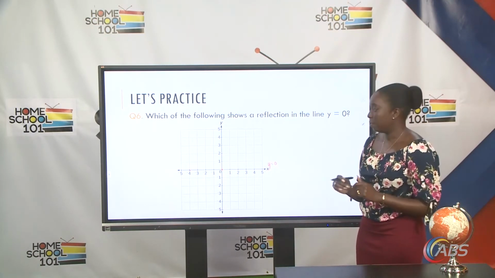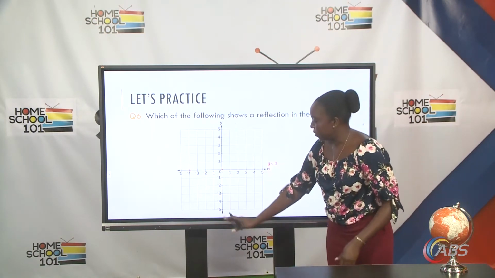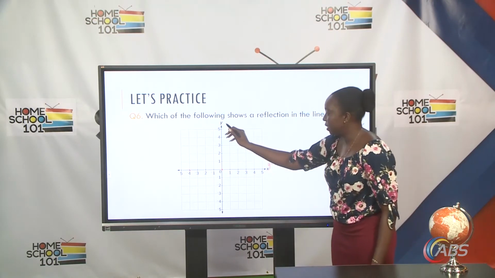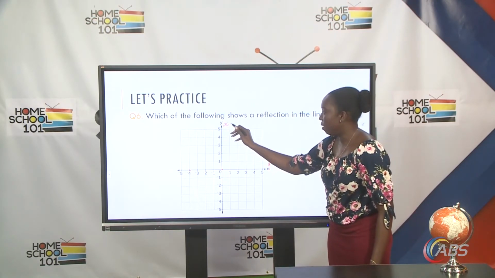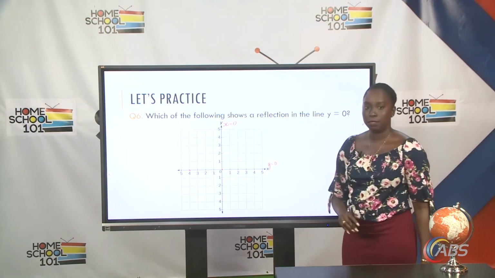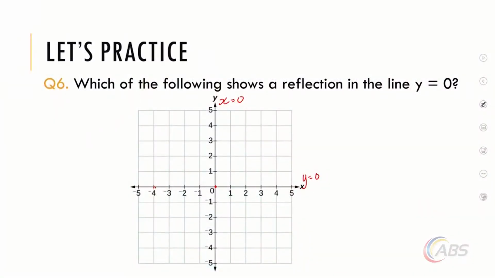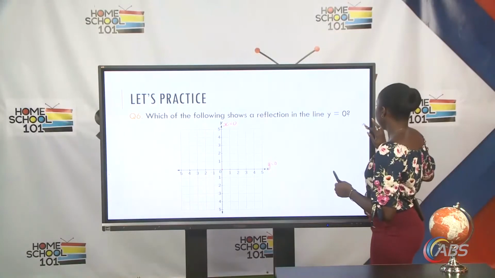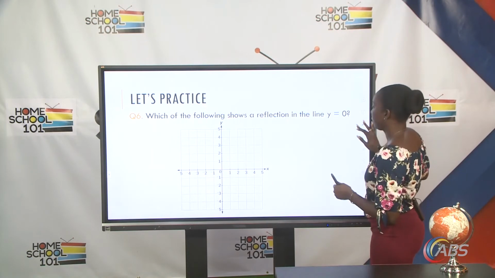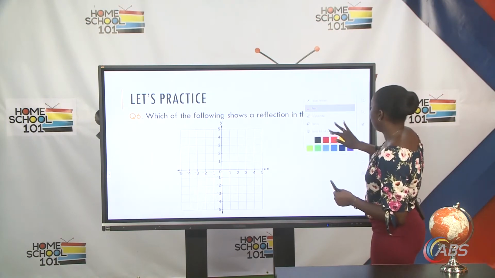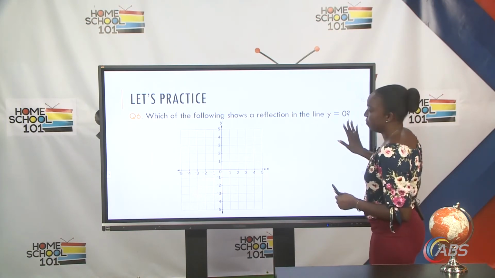And that also tells me that if I went ahead and I looked at my y-axis, I could safely say that this is where all of my x values would also equal 0. So our y-axis is known as the line x equals 0, and our x-axis is known as the line y equals 0. Right?